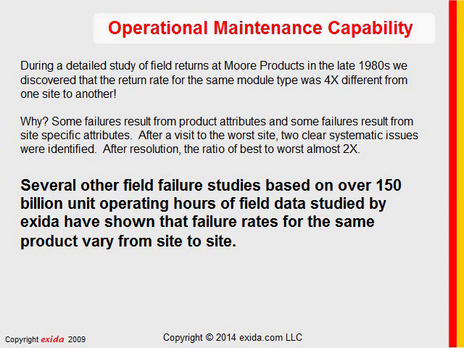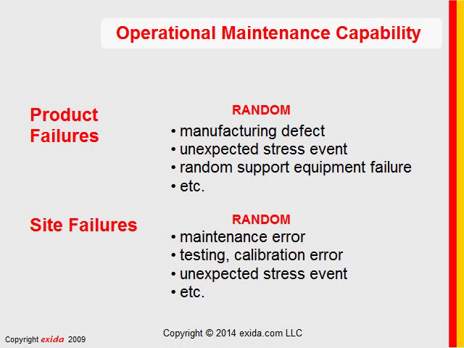Since the 1980s, several other field failure studies from a number of different sources, primarily end users, process industries, nuclear and power, have indicated there is a fundamental difference in failure rates of the exact same product from site to site. Typically, the ratio averages about 2x.